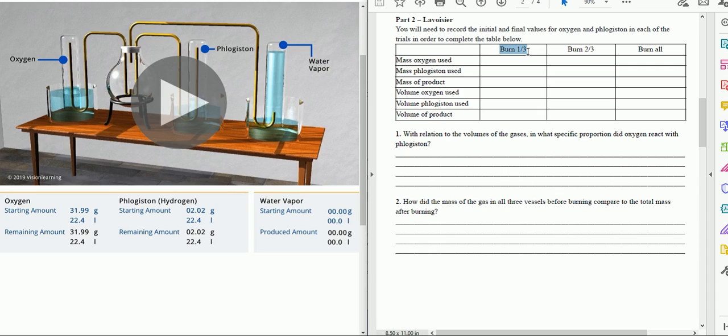At the 4-second mark, I want you to press pause and take down all of this information: the mass of oxygen, phlogiston, and the product, which is water vapor, as well as the volume of oxygen, volume of phlogiston, and the volume of the product, again, water vapor. Do the same thing at the 8-second mark, which would be the 2/3 mark, and then fill out the data again for the final analysis at the end.